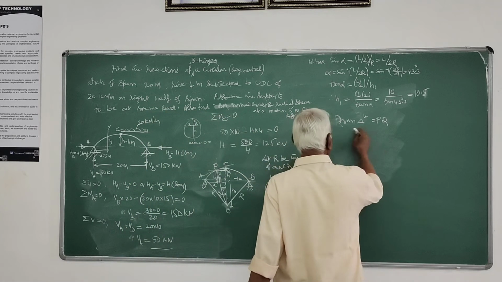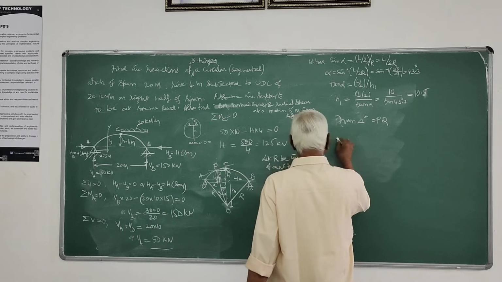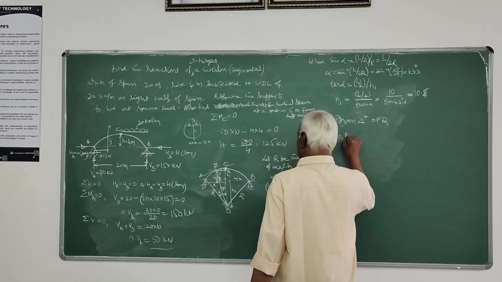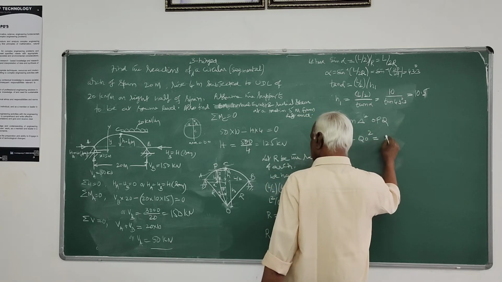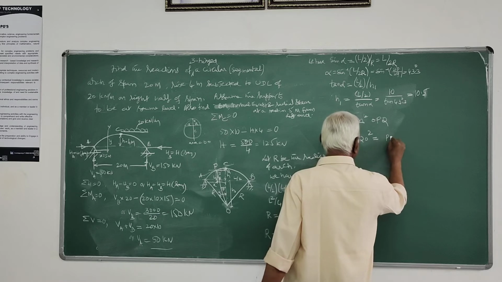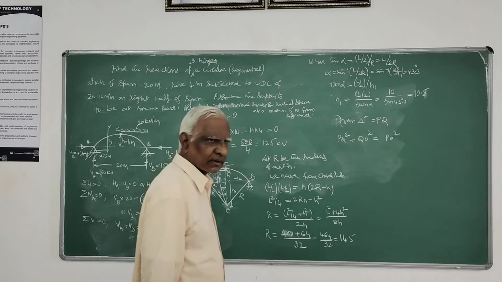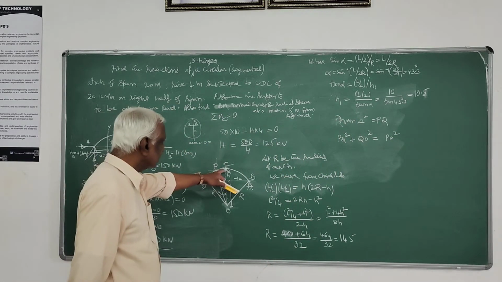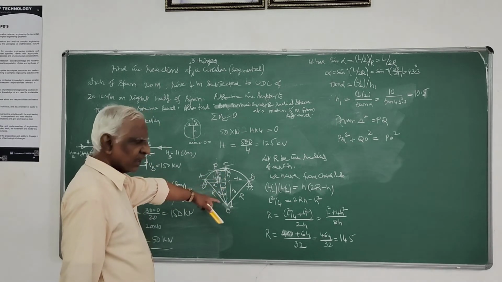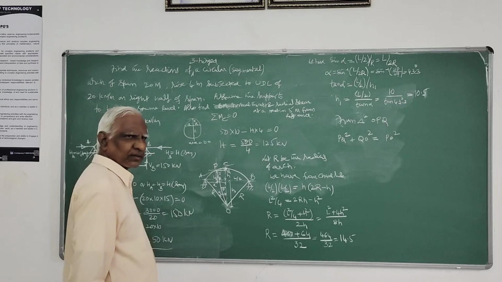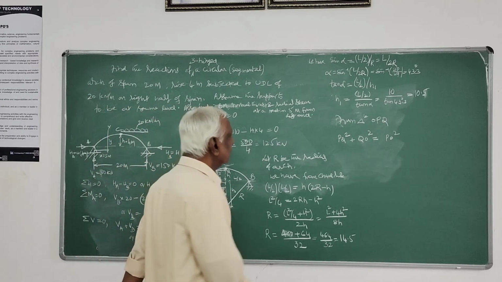So from triangle OPQ, we have PQ square plus QO square is equal to PO square. That is, opposite side square plus adjacent side square is equal to hypotenuse square.